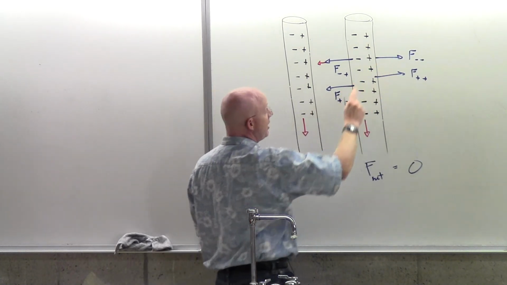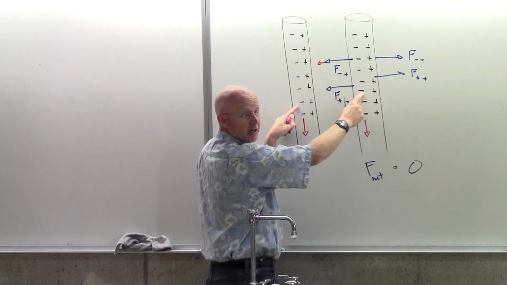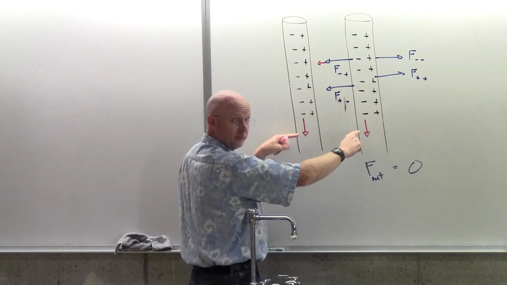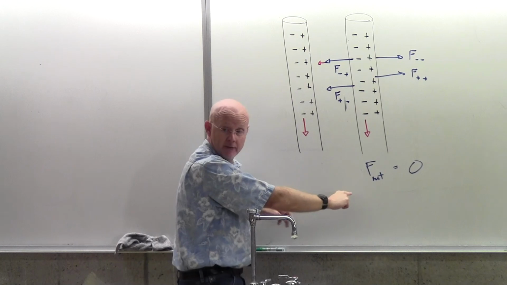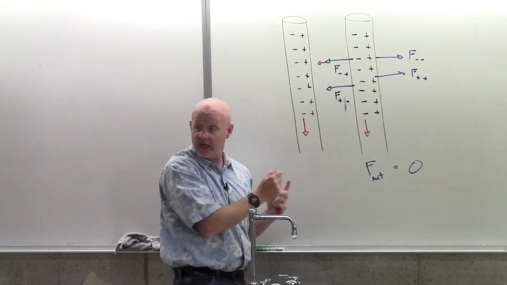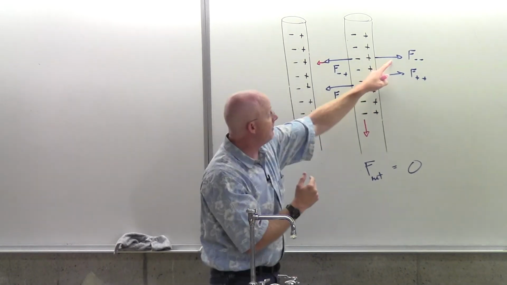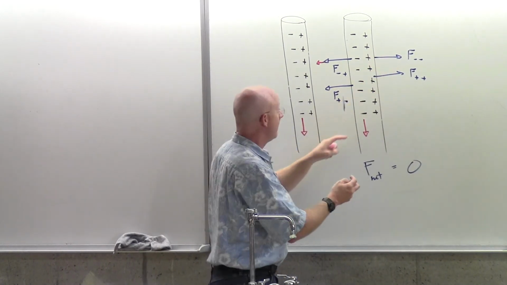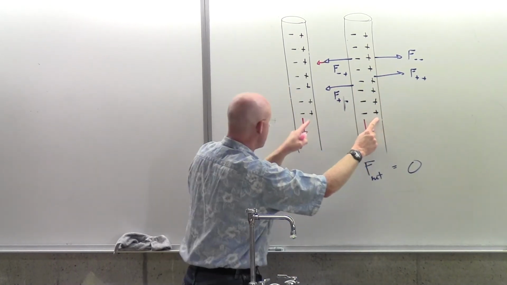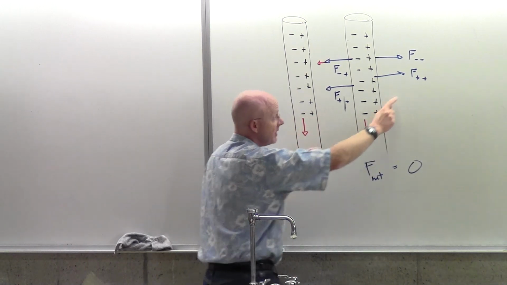So let me put in red a little increase. How about this one over here, where these electrons look at these electrons? Yeah, it would be like they're not even moving, right? So they would see everything exactly they saw before. So I'm just going to leave that one alone. You would get the same repulsive force. How about this one? These protons look at those protons. Not moving, same thing.